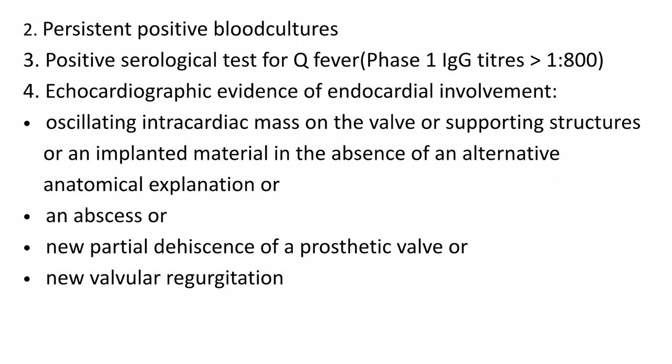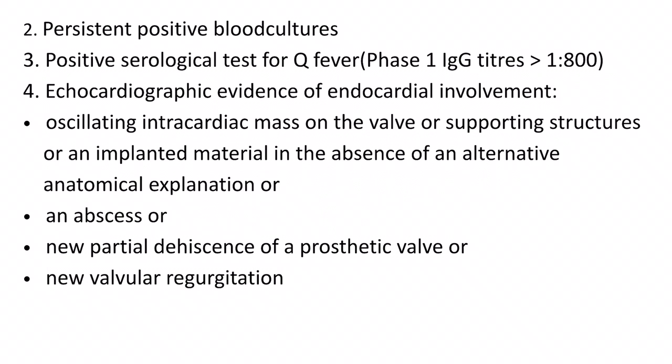Like if we are obtaining closely spaced samples, 3 to 4 samples within a span of 1 hour, all the 3 to 4 samples should isolate the same organism which is consistent with the causation of endocarditis.